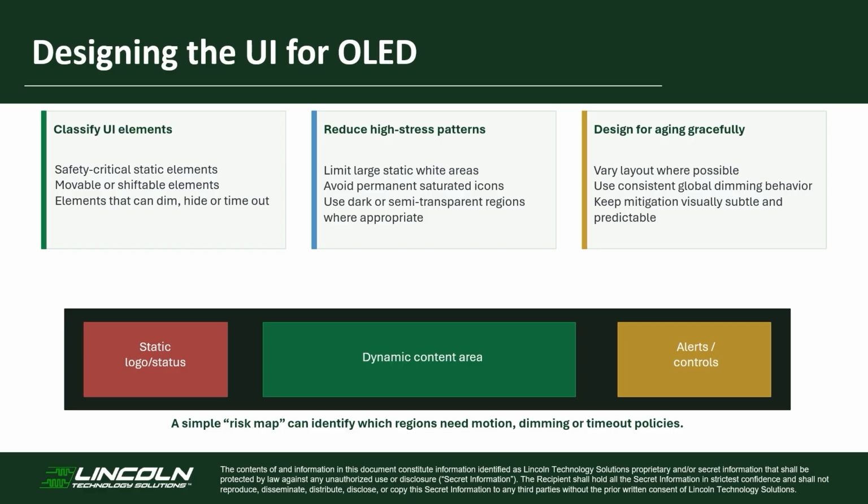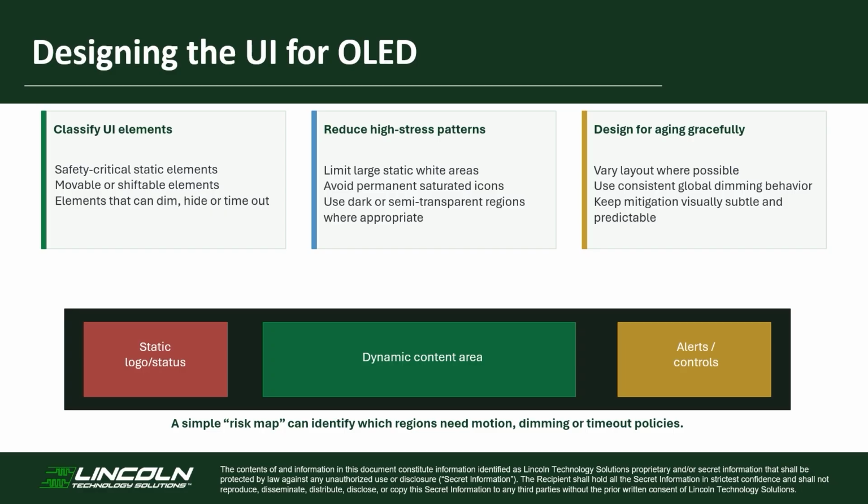Dark backgrounds, semi-transparent regions, subtle movement, and consistent dimming behavior can help the interface age more gracefully. A simple risk map, like the example shown here, can identify which areas require motion, dimming, or timeout policies before the UI is finalized. We'll now move from design principles to LTS implementation and measurement evidence.